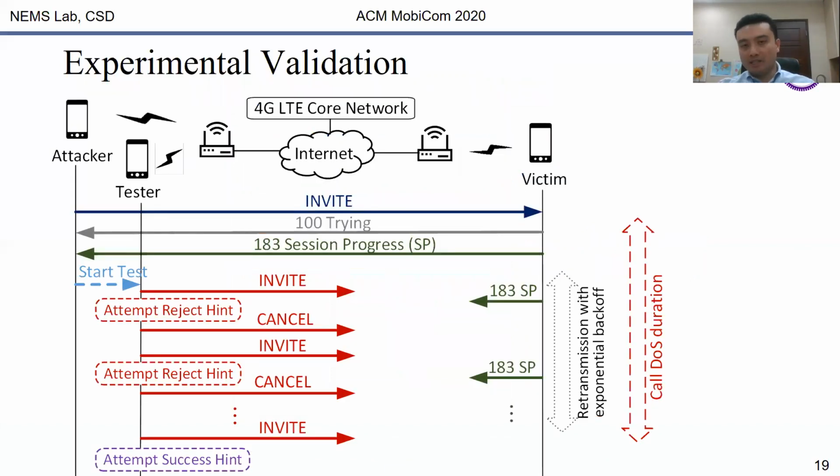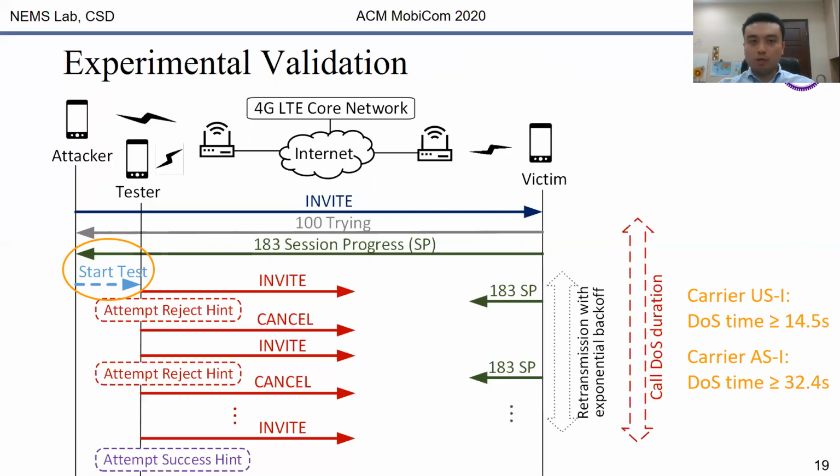We conduct an experiment to measure the call denial of service duration caused by a call attempt. An attacker initiates a call attempt without replying PRACK. When receiving session progress, the attacker asks a tester to keep initiating call attempts to the victim. Then the call DoS duration can be estimated when the first call attempt from the tester is accepted.